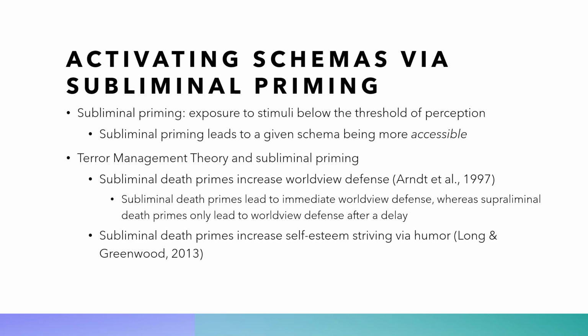It's very likely that a lot of you have a schema about subliminal priming that has been imparted by media representations, right? I think most of us have seen a movie or a TV show where someone gets subliminally primed into doing something insane, like killing someone. And you should know that's probably not likely or going to happen. That's not really how subliminal priming works.